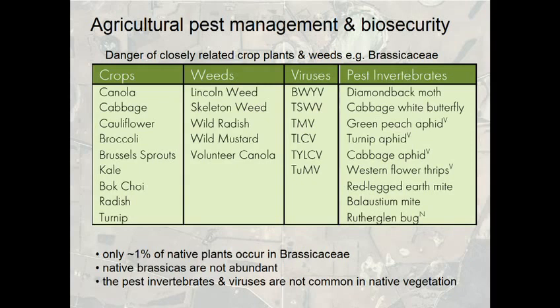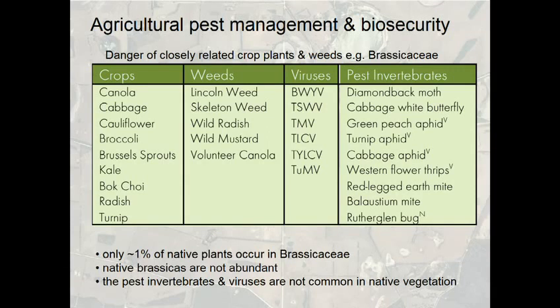So 1% of the species on Kangaroo Island are brassicas of native species, and native brassicas are just not abundant. So even when they're there, they're small plants, they don't cover a big area, they don't make up much of the landscape in native vegetation, and therefore the pest invertebrates and the viruses they support are quite rare in native vegetation as well.